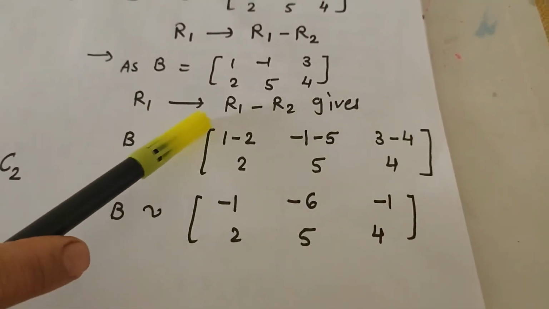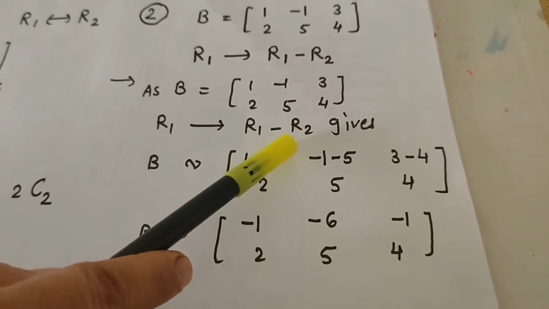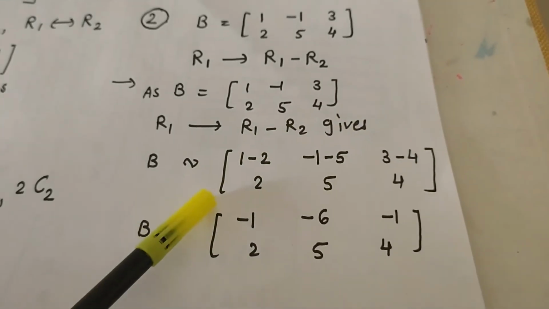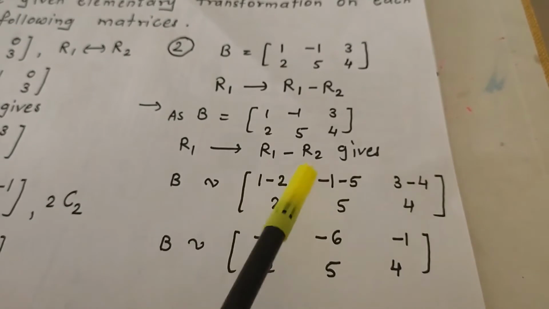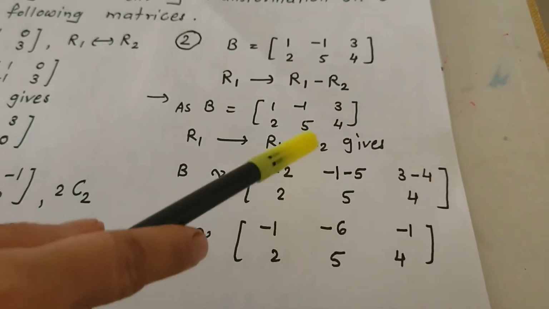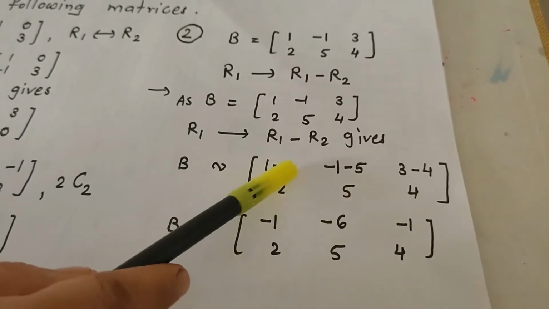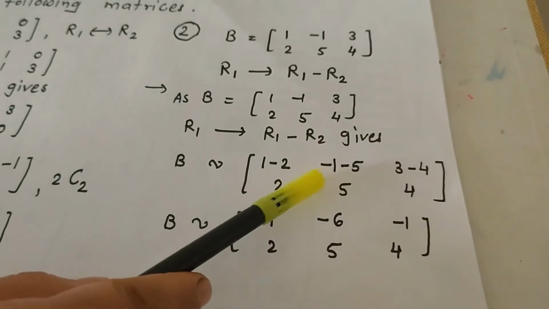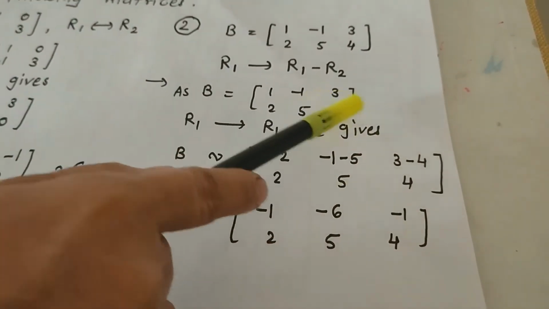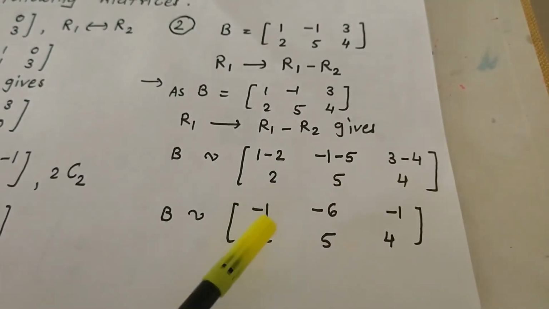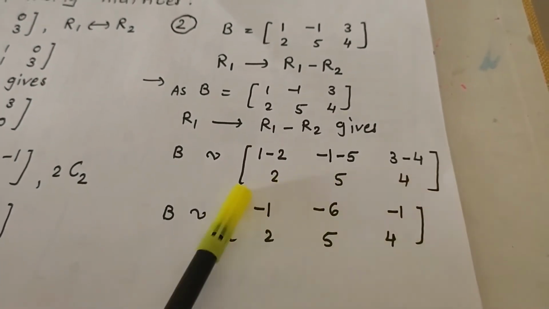Changing R1 by subtracting R2, it gives a new matrix with 1 minus 2 in the first row. The corresponding elements can be written as 1 minus 2, minus 1 minus 5. Next element 3 minus 4, and there is no change in the second row.